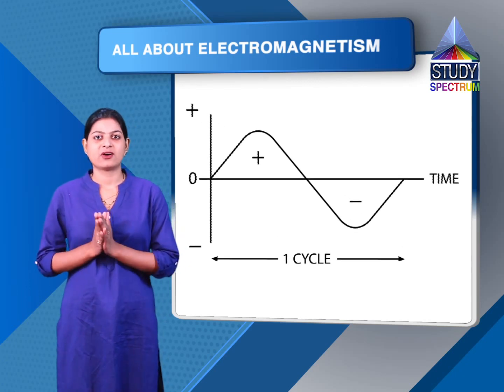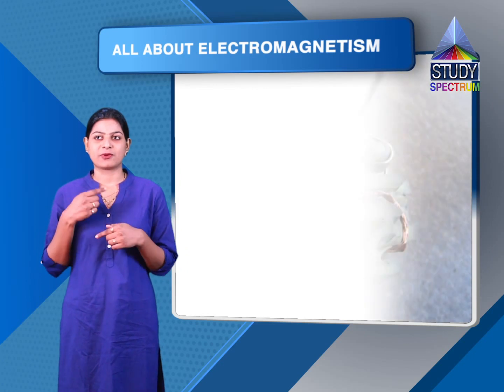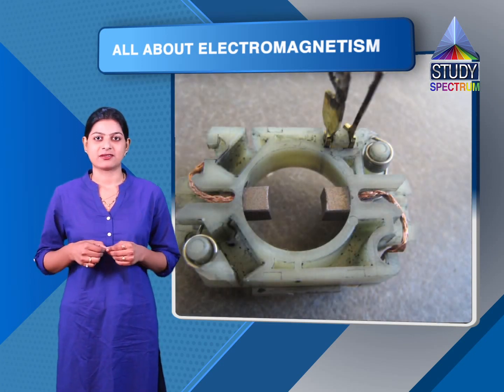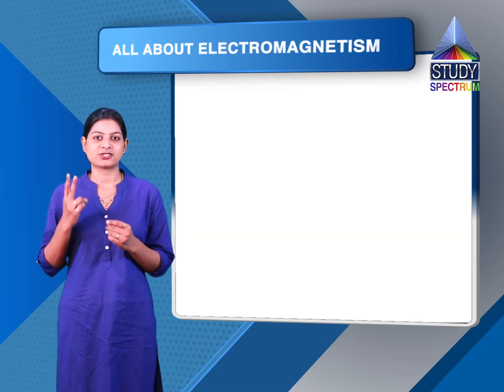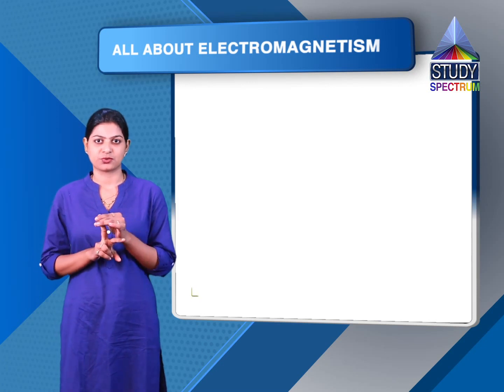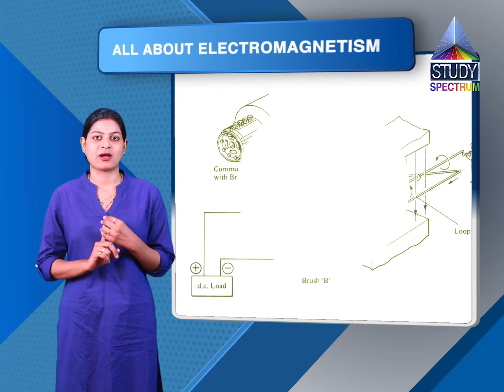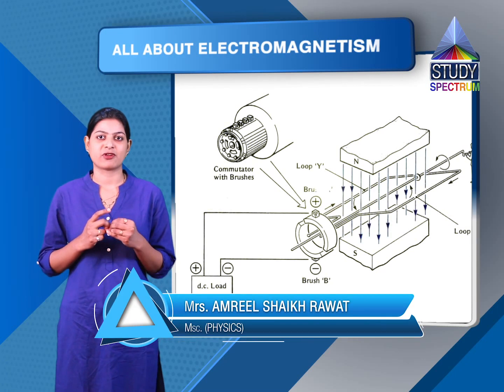Why does it produce only alternating current? This is because while the brushes are conducting, that means when current is passing through the brushes, there are basically two brushes, brush 1 and brush 2. While the current is passing, it first passes through brush 1. At the same time, brush 2 remains refrained from the electric current.